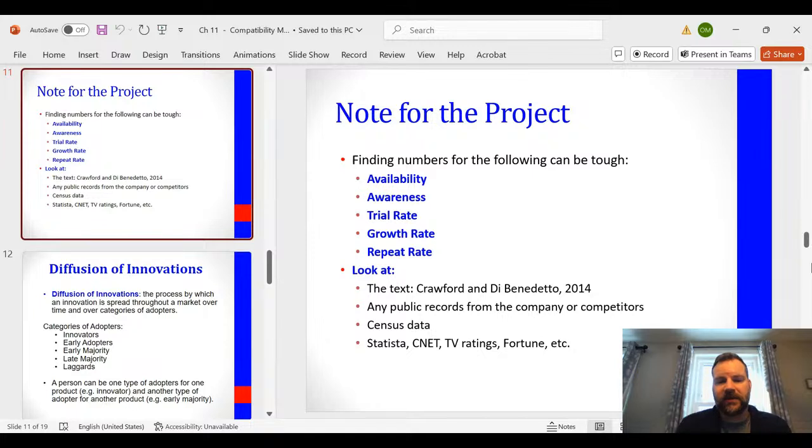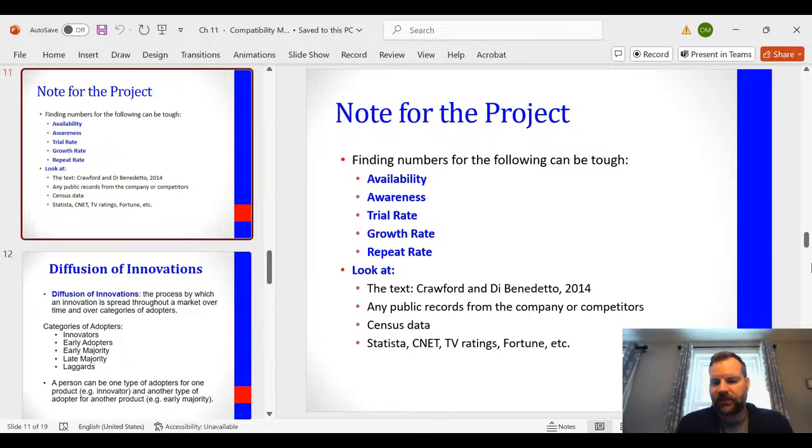Census data. There's a website that I can show you in class called Statista that's really useful and has really great information that you can use. CNET, TV ratings, Fortune, et cetera, et cetera. So there's a lot of resources out there that can help you or a company estimate some of these metrics.